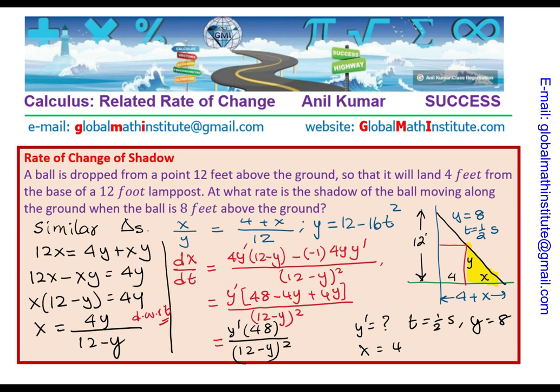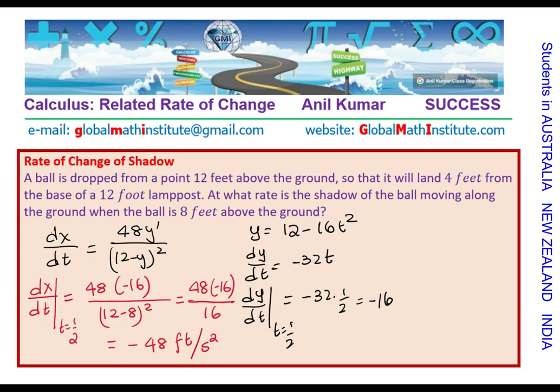So we took y prime as a common factor and multiplied 4 with 12, giving 48, and minus 4y with plus 4y, correct? 4y cancel, giving us 48y prime over 12 minus y whole square. So that was our equation.